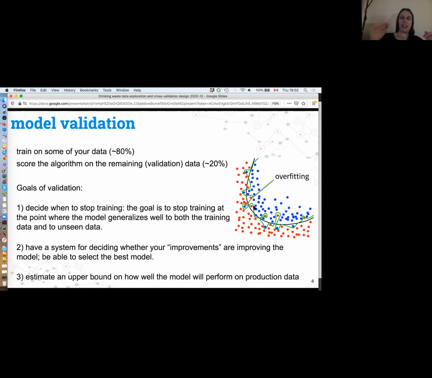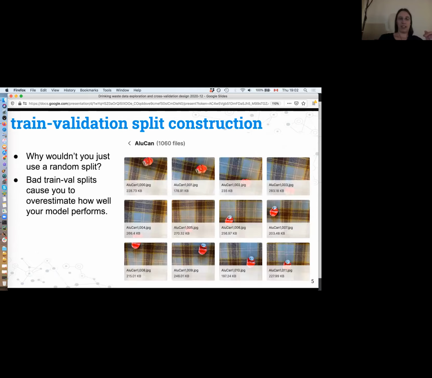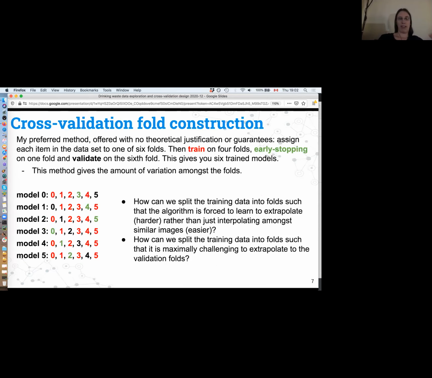And if you find that the loss on the early stopping data set stops going down and starts increasing again, then you know you should stop training, and you know where the best model is, the model that generalizes best to the early stopping data. And then because you used that early stopping data set to select the point where you stop, you actually want to have the validation set left over so you can estimate the performance of the algorithm. Is that clear?